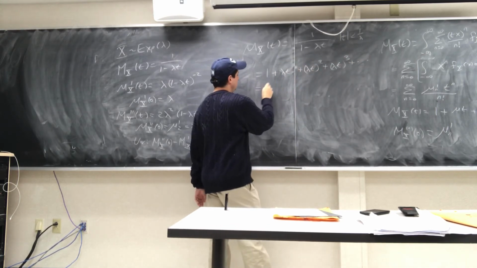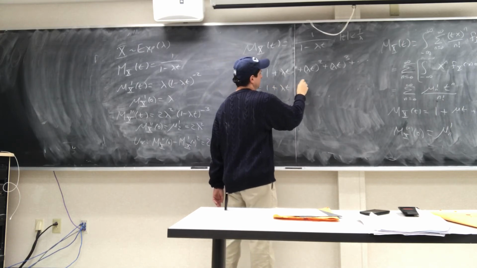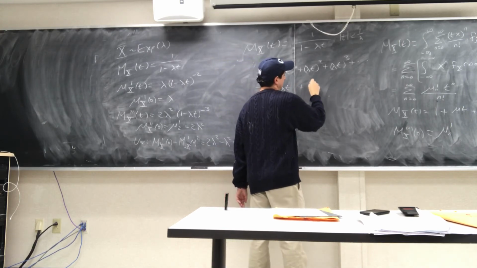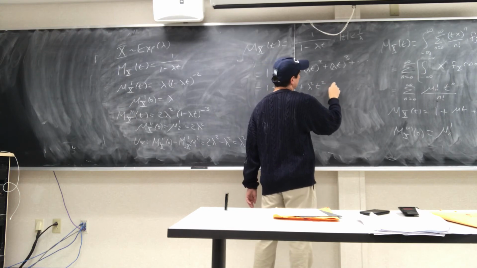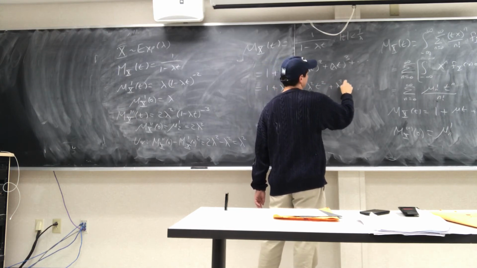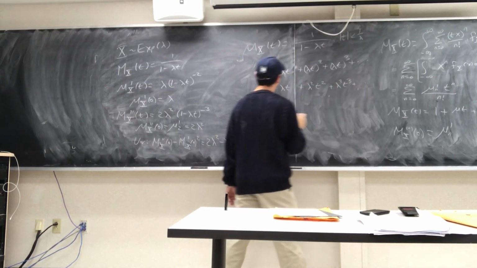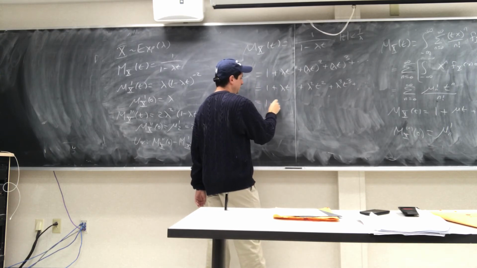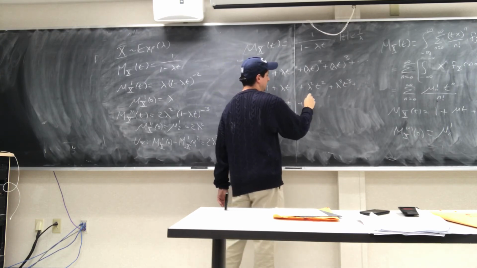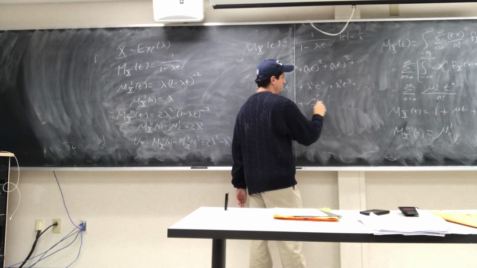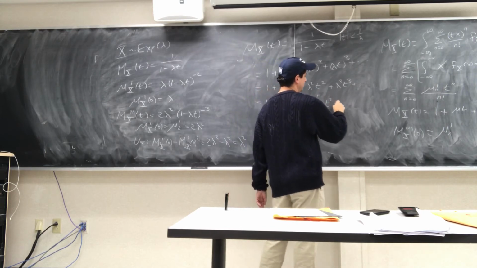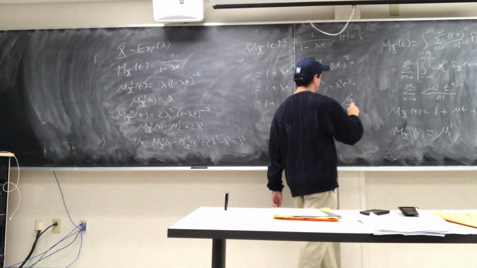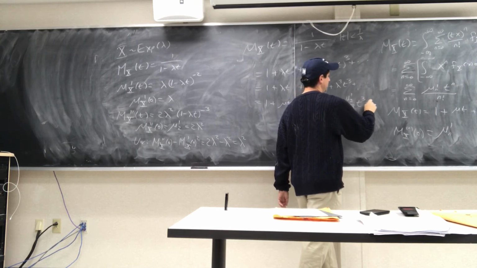So this is just 1 plus lambda t plus lambda squared t squared plus lambda cubed t cubed. And this is supposed to be 1 plus the mean t plus the second uncentered moment over 2 factorial t squared plus the third uncentered moment over 3 factorial t cubed.